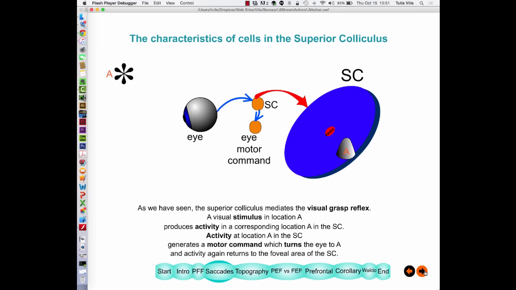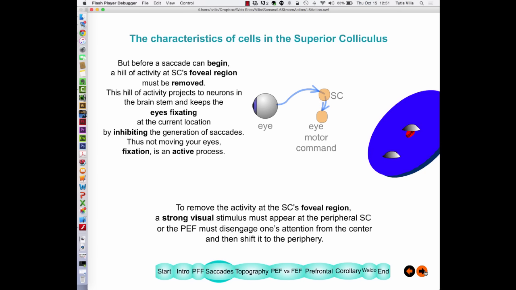The other thing that's important to consider is that in order to make this saccade, activity in the frontal eye fields and in the foveal region actually inhibits saccade. So if information is coming from this part of the superior colliculus, it generates activity which suppresses saccade. So it initiates fixation. Fixation is an active process. To stare at something is an active process.